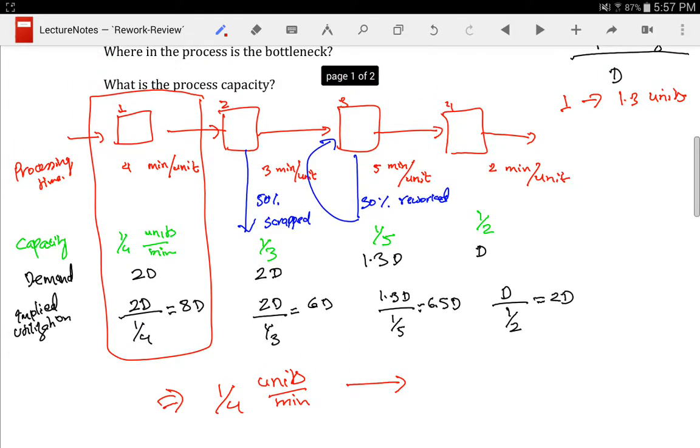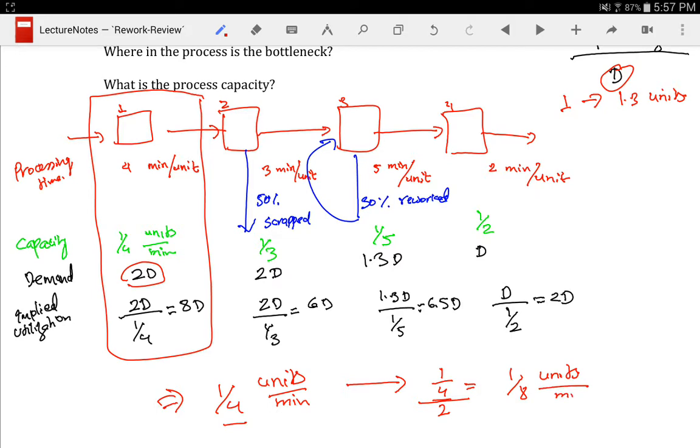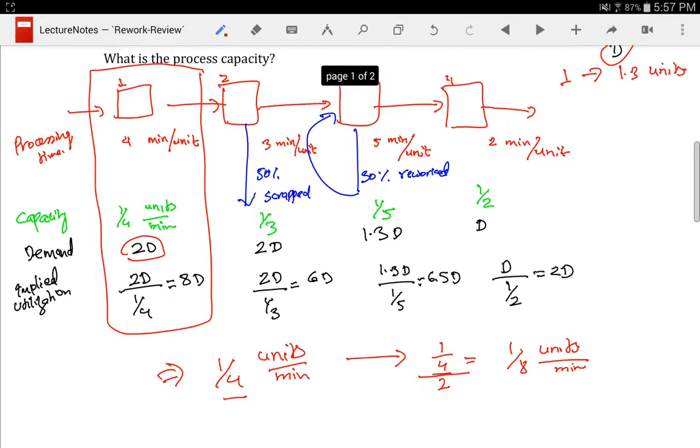But that's not actually true here, because every time he works on 2D units, only D units get produced. That means every time he works on 1/4 units, only 1/4 divided by 2, that is 1/8 units get produced. That's why the process capacity is 1/8 units per minute.